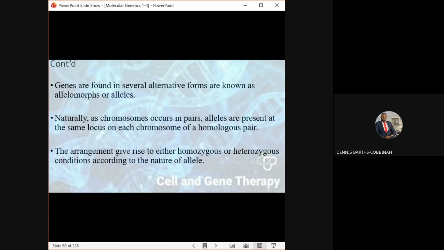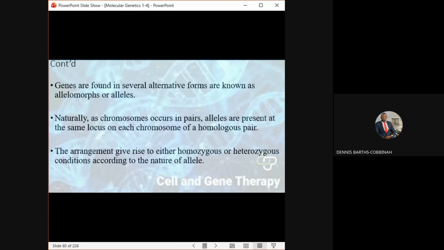But when you check the X chromosome, its length is longer than that of the Y chromosome in the males. So you wouldn't get all the alleles that are present on the X chromosome to be present on the Y chromosome.